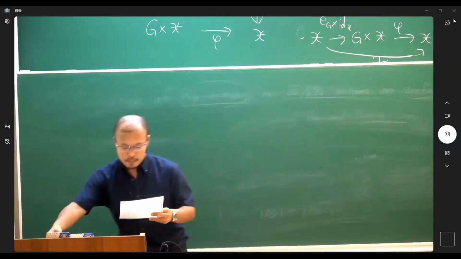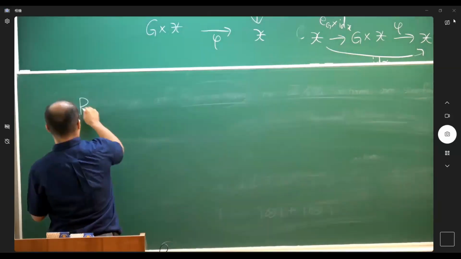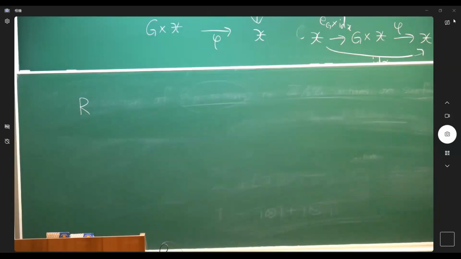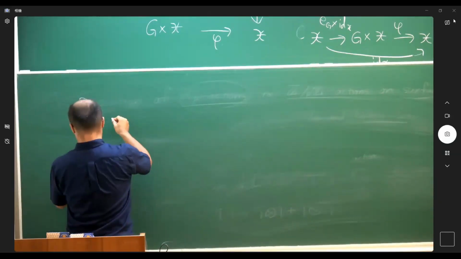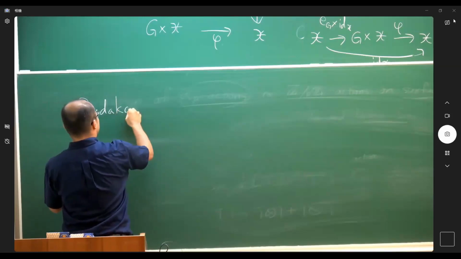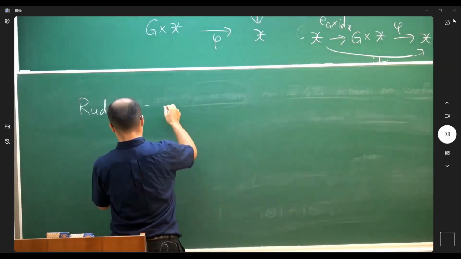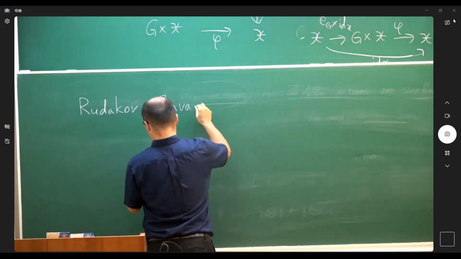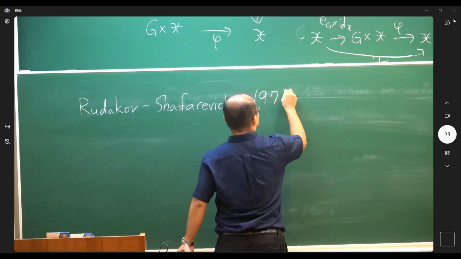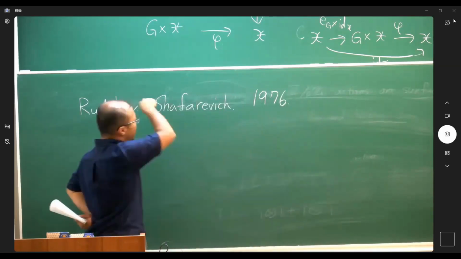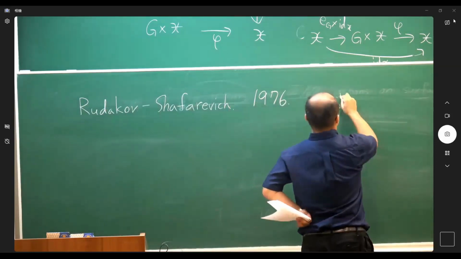Maybe some representation theorists know p-closed derivations, but in algebraic geometry it is more associated with Rudakov-Shafarevich. They studied K3 surfaces and vector fields.